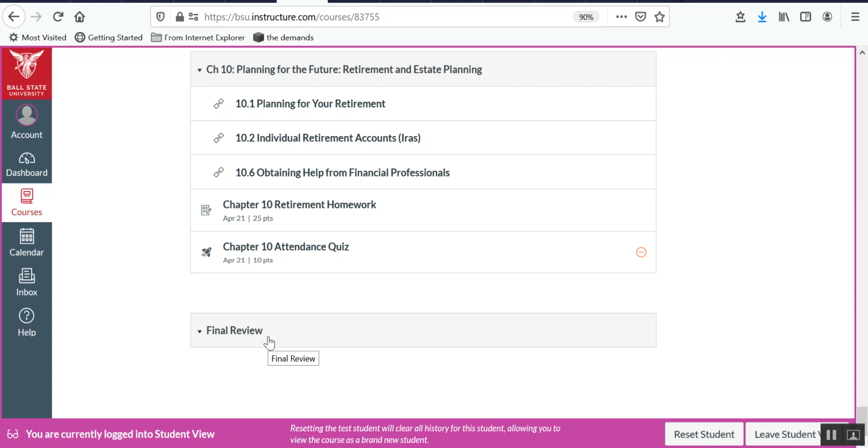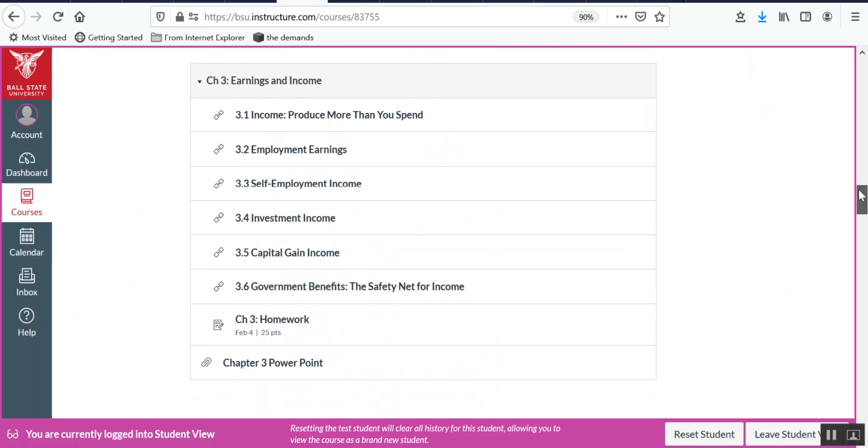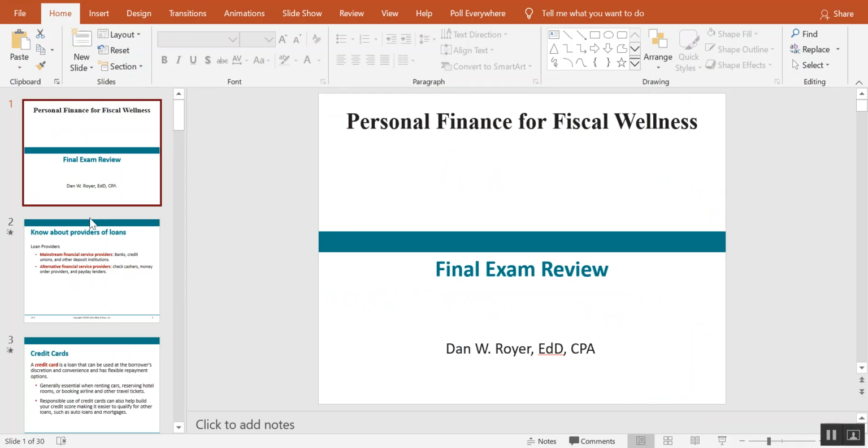There will also be a document with final exam terminology in it, which is basically a study guide for you. If you have any other questions about any of the material or about the final exam, let me know. But right now, I'm going to go into the PowerPoint and talk about the material. We'll review what you need to be aware of for the final exam.